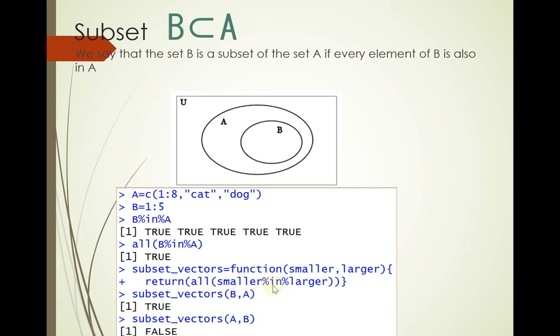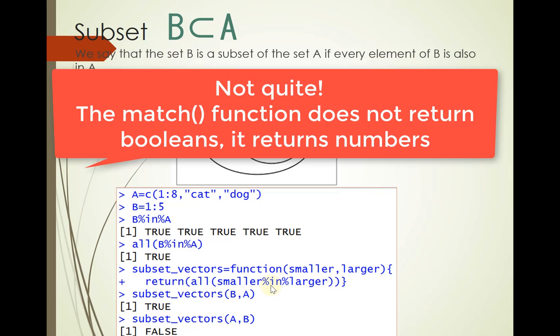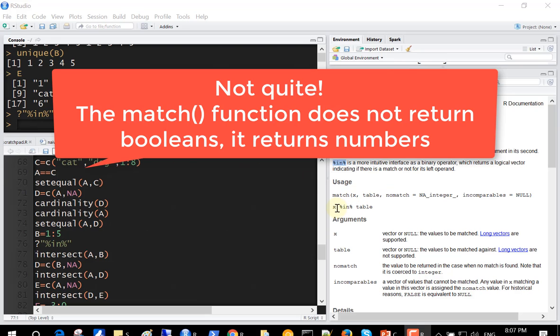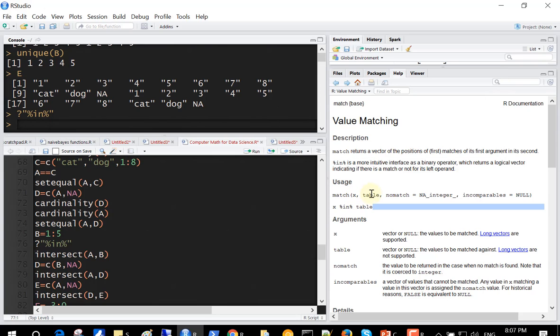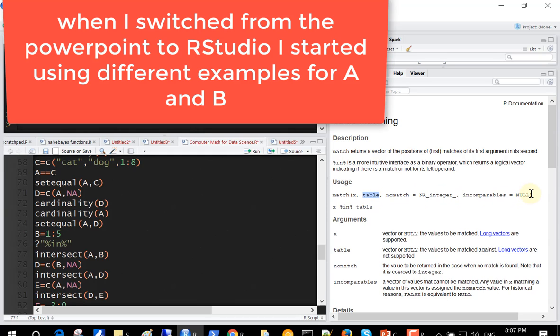So if we went back to R, we'd see that you could run the match function in the same way, but they say that this is a more intuitive interface. If you look at the match function, you could do match, this would be B, and this would be A. And then these are other parameters which we haven't talked about, but we did talk about default values for parameters, and these have default values.